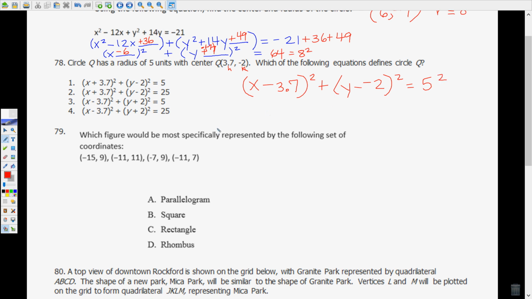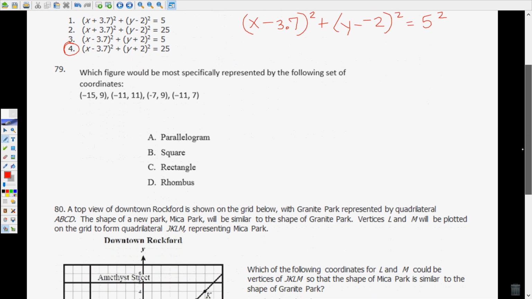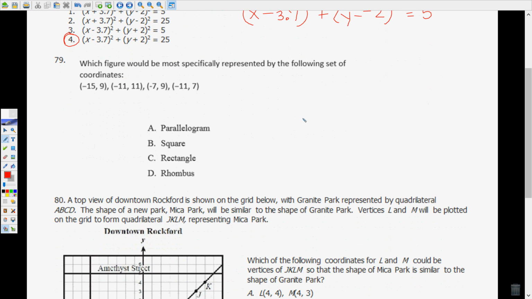And so the one that would match up with that once you have simplified everything, x minus 3.7 all squared plus y plus 2 all squared equals 5 squared, which is 25. Good. Which figure would be most specifically represented by the following set of coordinates?